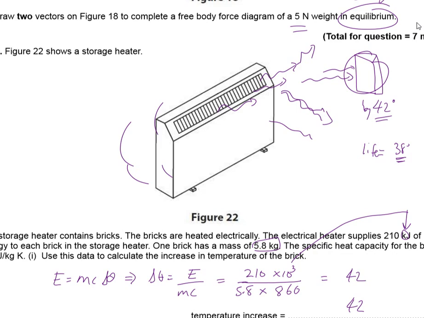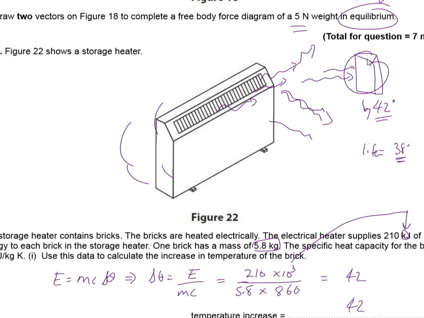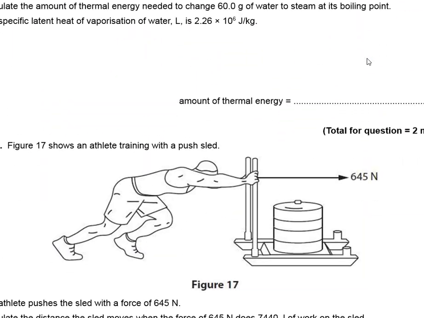We can also say it's transferred to the heater parts, or to the surroundings, because this is also valid. Now look at the words I'm using: it transfers to the heater parts, to the surroundings. And that's why we're getting a lower reading. Now move to the next one.